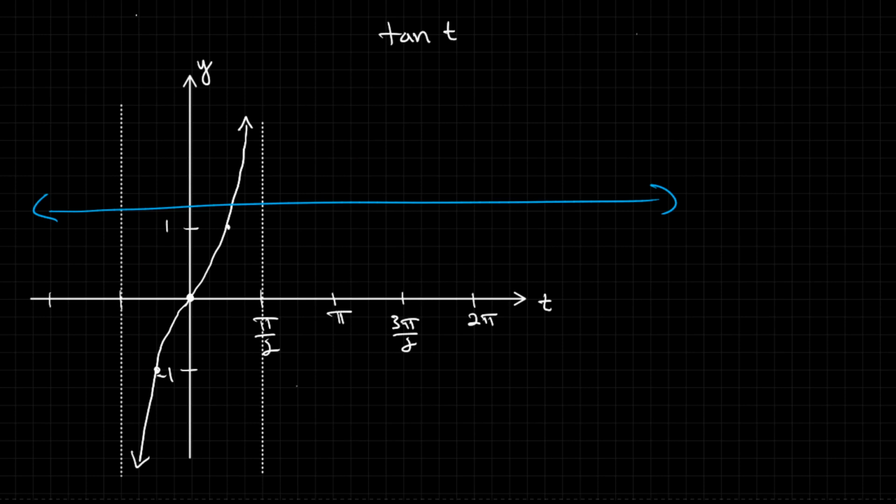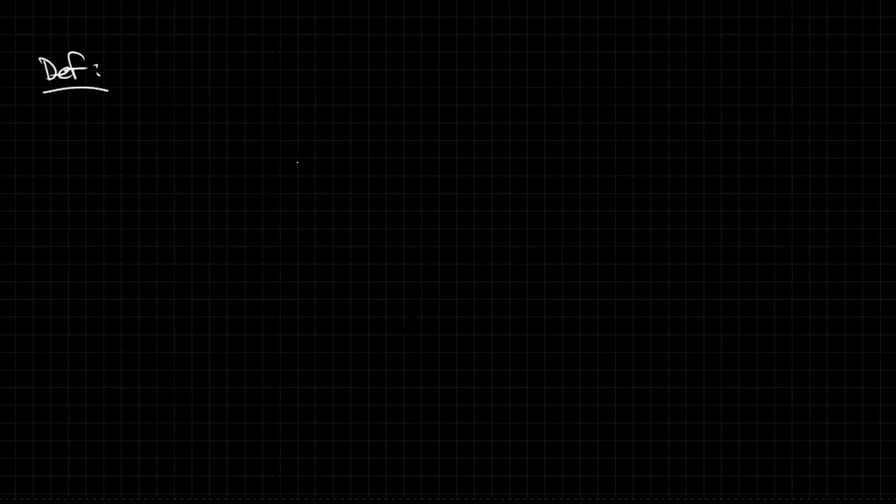In fact, this is the domain restriction that we typically make for tangent of t. We take all of the t's between minus pi over 2 and pi over 2, just like sine of t, with the exception that tangent of t is not defined at minus pi over 2 and pi over 2. And so we define tan inverse, the inverse of tangent. Let's use the independent variable x.